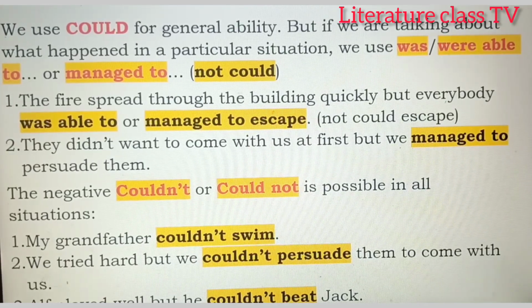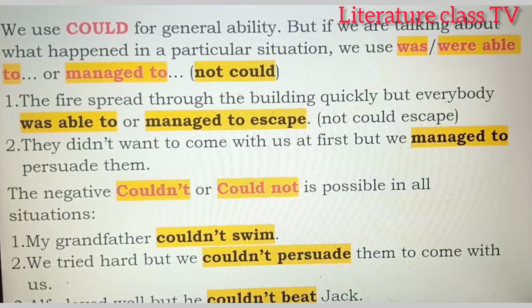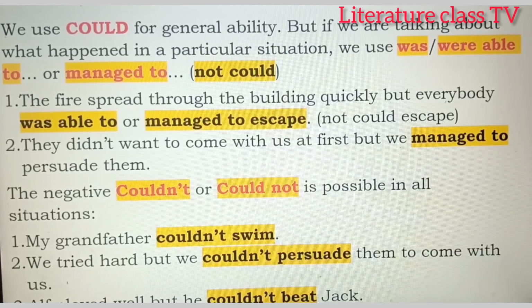But if we are talking about what happened in a particular situation, we use was or were able to or managed to, not could. Here we have an example.